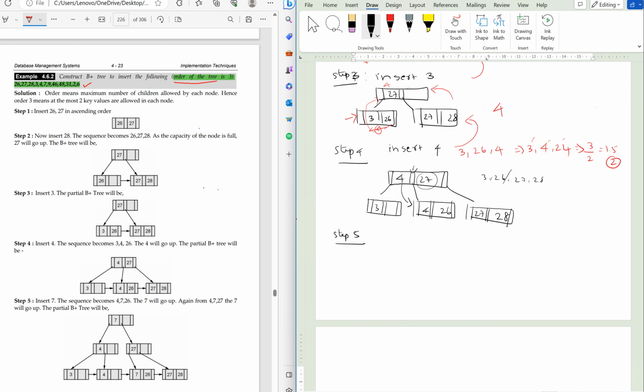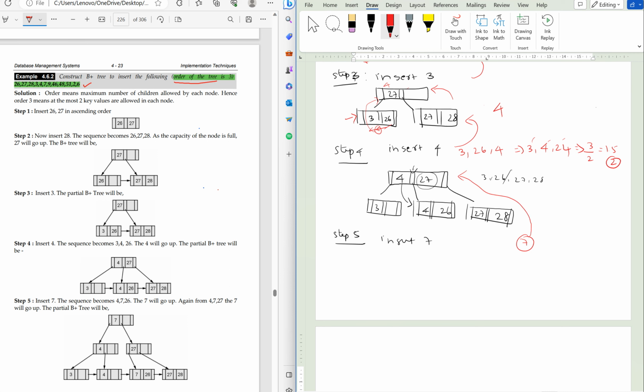So in step 5, again we need to insert 7. The same situation happens here. Since we need to insert 7, what actually happens is we compare this 7 with the root node.